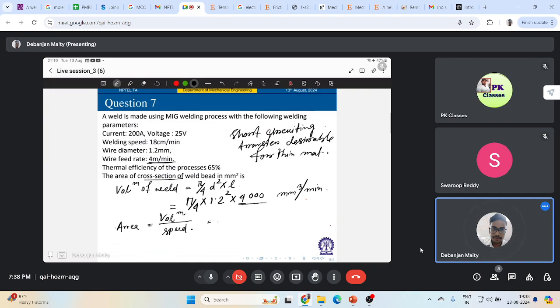Any confusion? You will find out the volume of the weld metal as this, in mm cube per minute, and you have your weld speed, which is 180 per minute. Can you find out the area then?